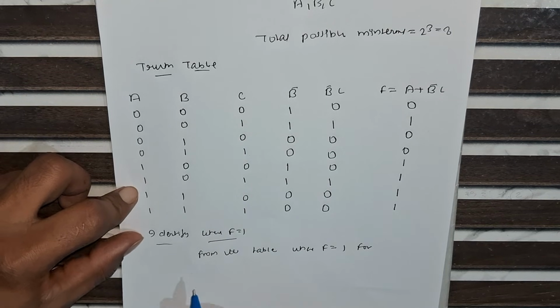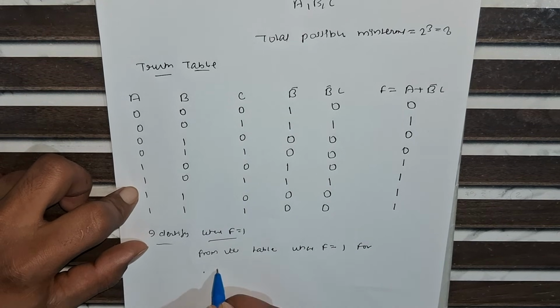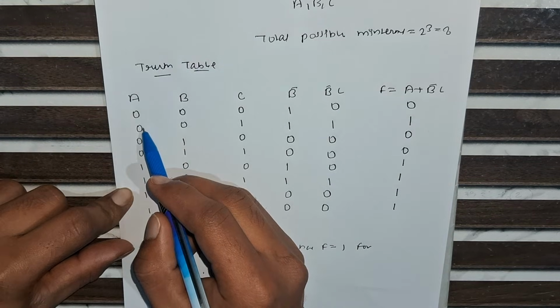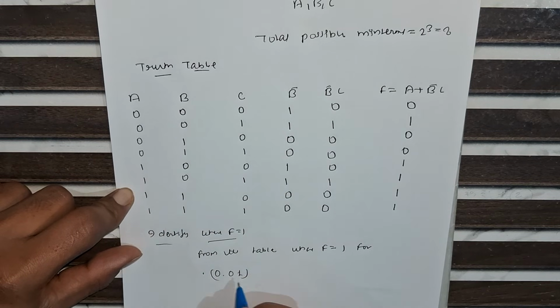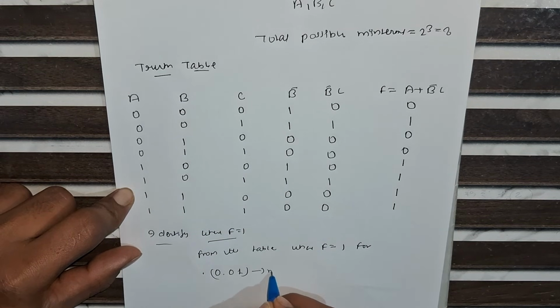So write all the combinations. First is 0 0 1. This is m0, m1, m2, m3, m4, m5, m6, m7. So this is our m1.